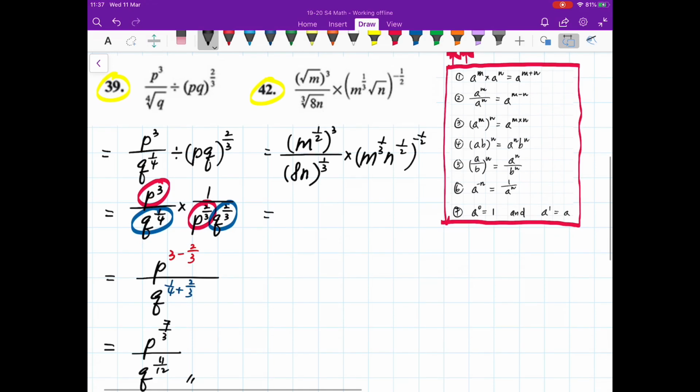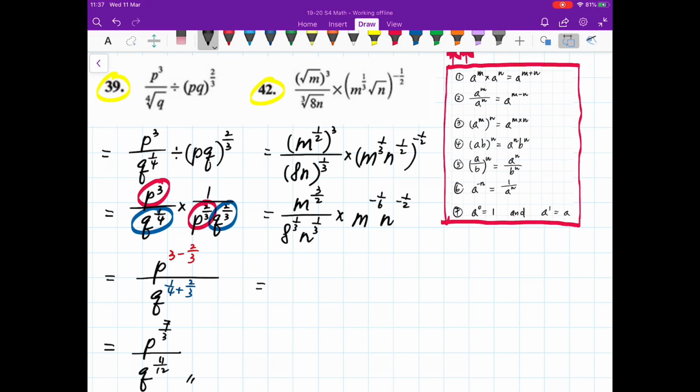Then we will multiply all the indices outside the bracket back into the bracket so that we have m to the power 3 over 2 over 8 to the power 1 over 3 times n to the power 1 over 3 times m to the power negative 1 over 6 and n to the power negative 1 over 2.